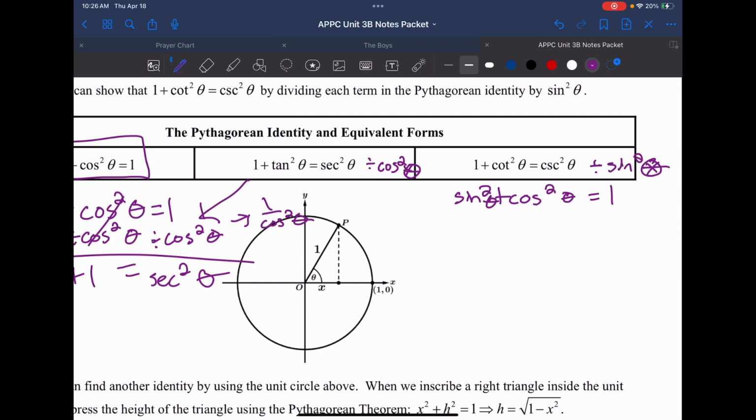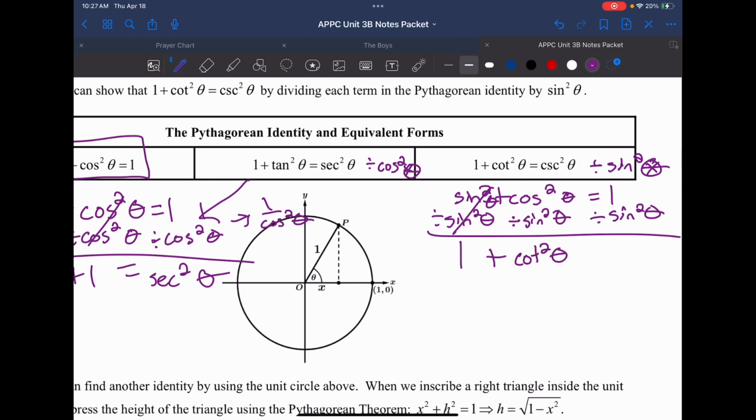And then if I divide each term by sine squared theta, these will cancel out to 1. Cosine over sine is cotangent, and there's 2 of them, so cotangent squared theta. And 1 over sine is cosecant.